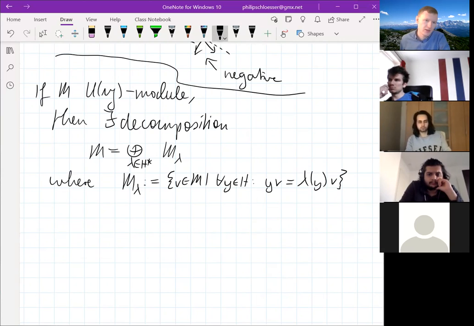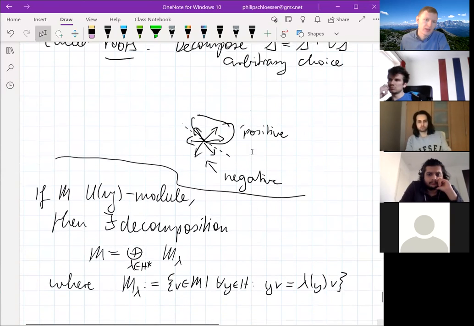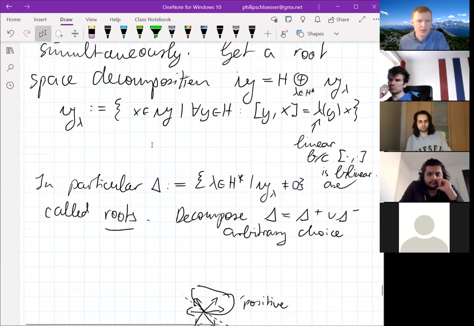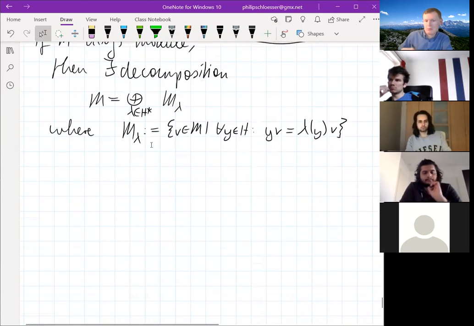Well, now we have this decomposition of our module and also our decomposition of the original Lie algebra.